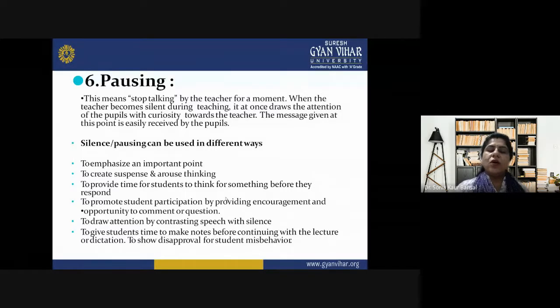So it is all about pausing, why it is required, and why the teacher stops talking.